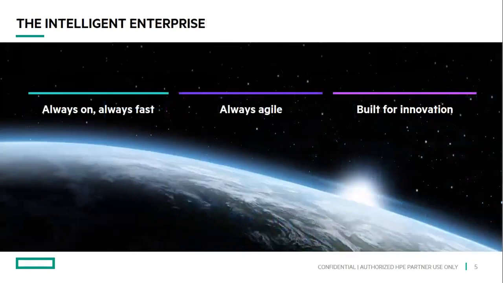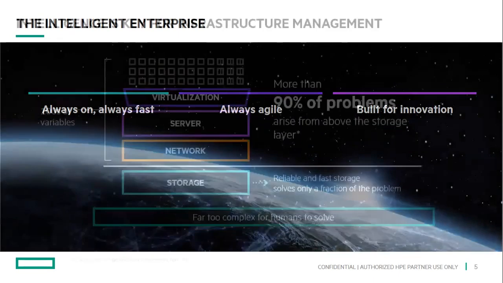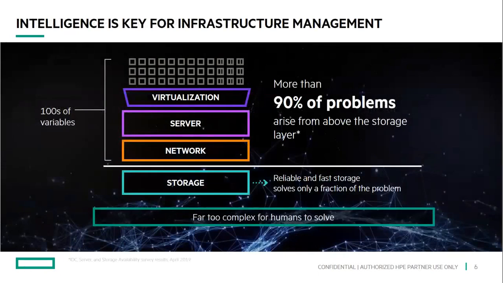So what we actually think is that the intelligent enterprise that is always on, always fast, always agile, and built for innovation, we feel that the artificial intelligence engine is intelligent enough to cater to all those problems, not only on the storage layer but also the layers above that. That means we talk about the network layer or servers or even virtualization plus the application level as well.